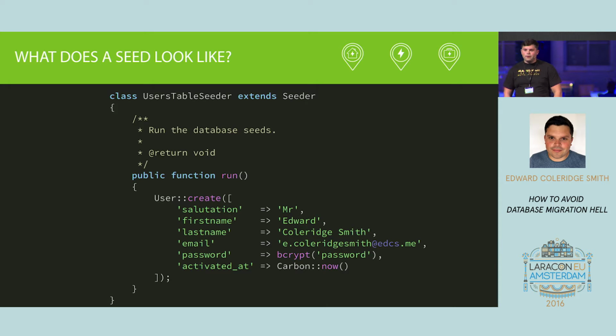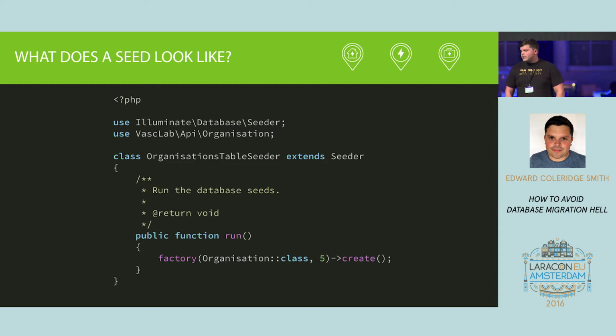So it's creating a new me in my application. Or we can use these things called Laravel factories, which are new to Laravel a few versions ago, and they're pretty useful. I'll go into a bit more detail on these in a sec, but this is just creating 5 instances of organization and storing them in my database.